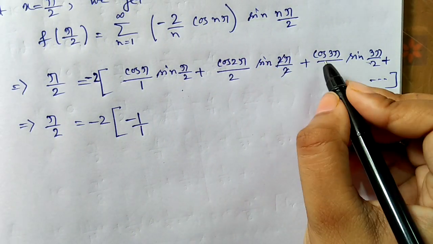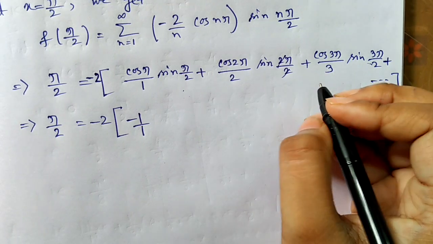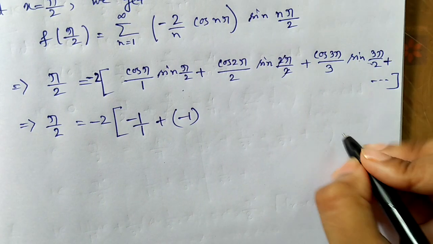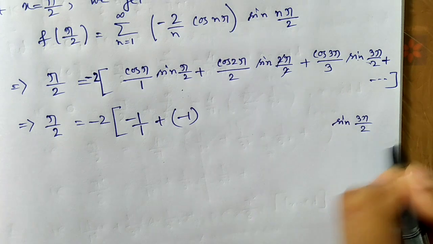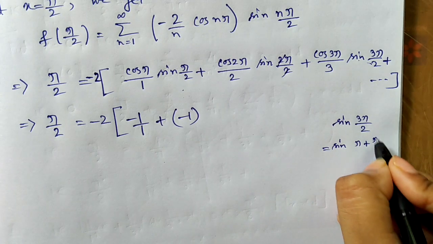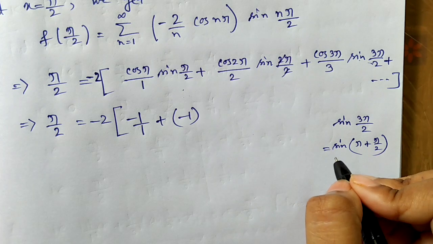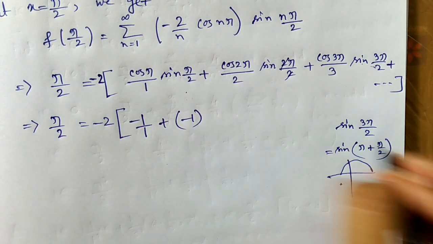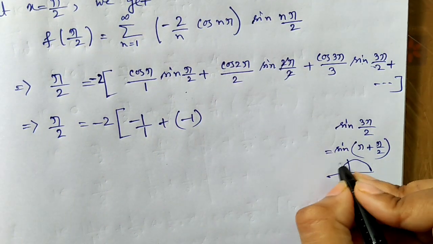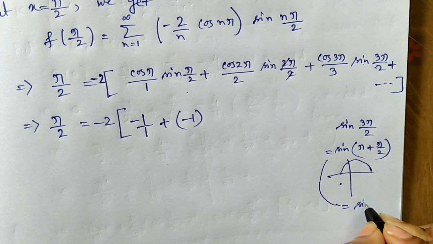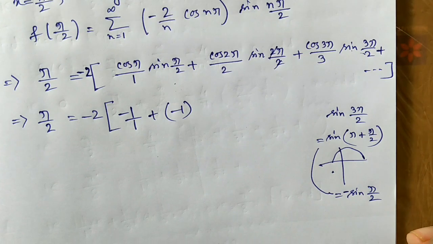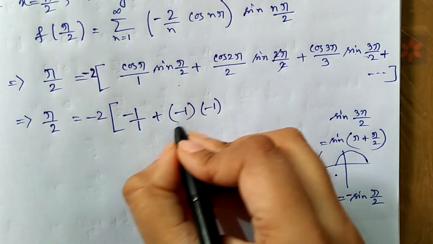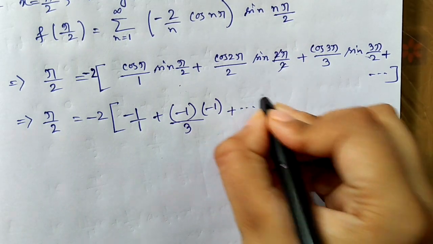Next cos 3 pi, that is also minus 1, so plus minus 1, sin 3 pi by 2, that means see sin 3 pi by 2, this is equal to sin of pi plus pi by 2, so this goes to the third quadrant. Therefore this value is equal to sin pi by 2 with minus. Okay, so this is minus 1 by 3, denominator 3, and so on.